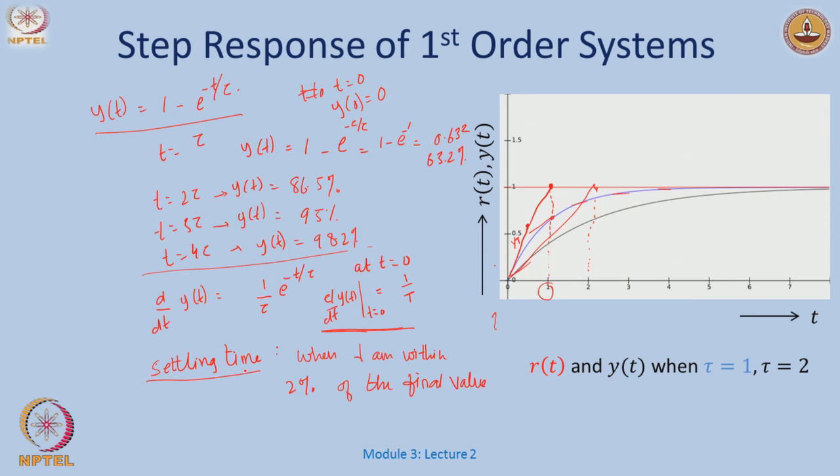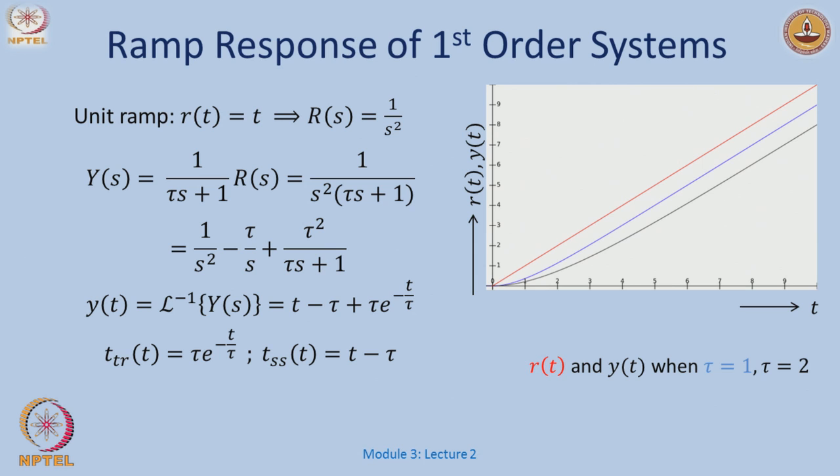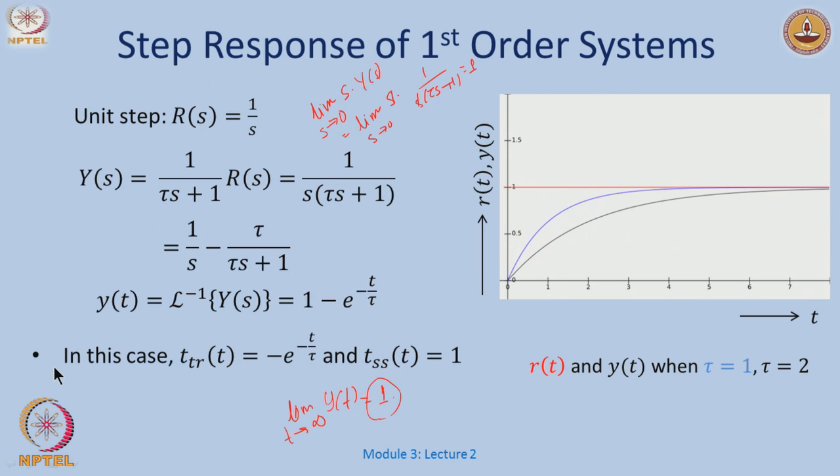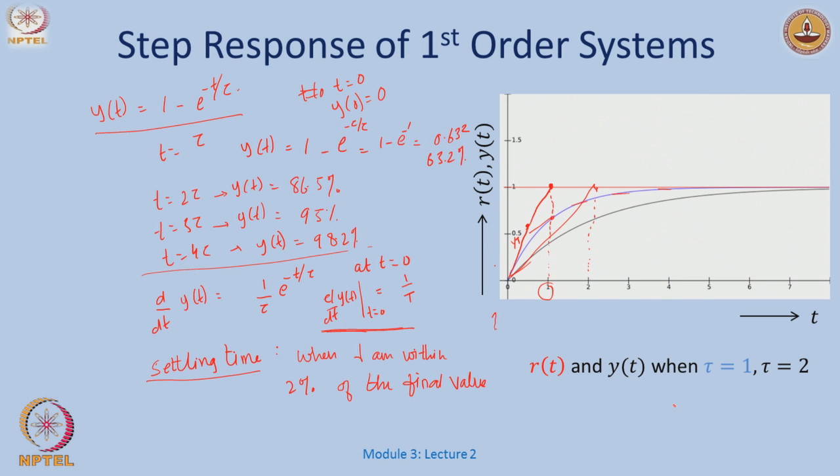So after this, you can look at the unit ramp response. But even before I do this, let me do something else here. Here my reference was a unit step. If I look at the standard configuration of the plant and controller, if I remember correctly, the plant was 1 over tau s, with a unit step as my r of t, and the output y of t.